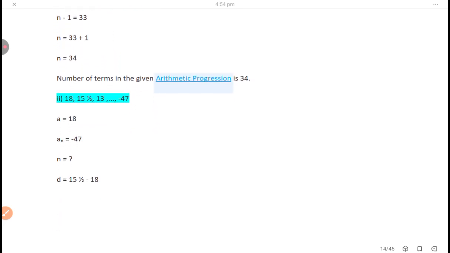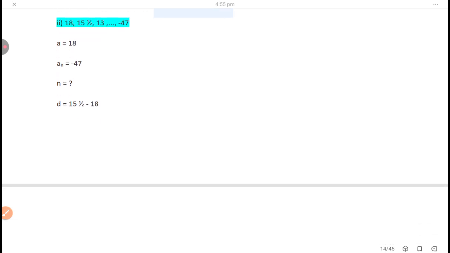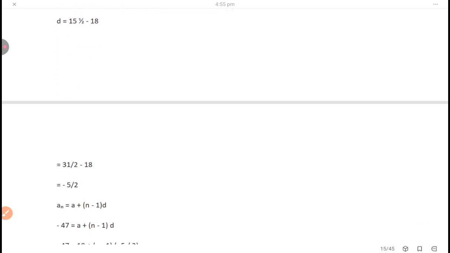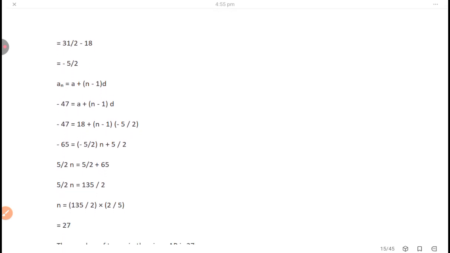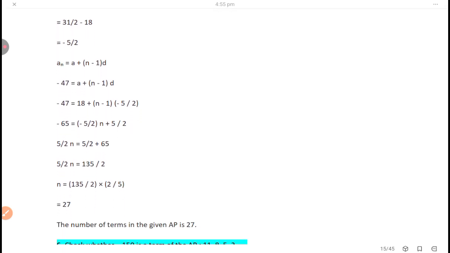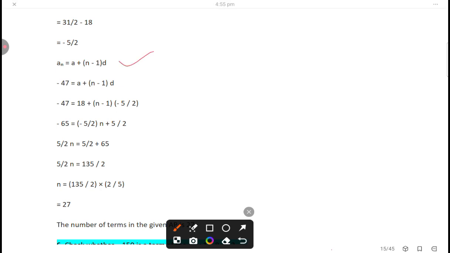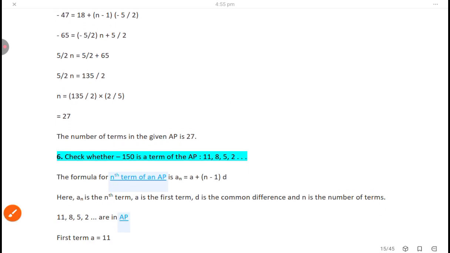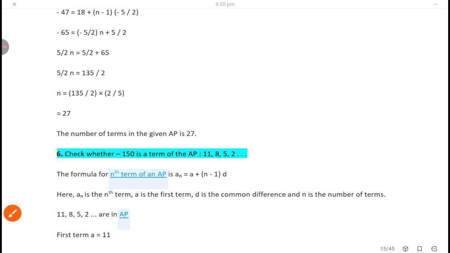Second question also. a equal to 18, an equal to minus 47. You have to find the n. So difference is minus 5 by 2. Then put all the information in an equal to a plus n minus 1 d. You will get n as 27. So number of terms in the AP is 27.